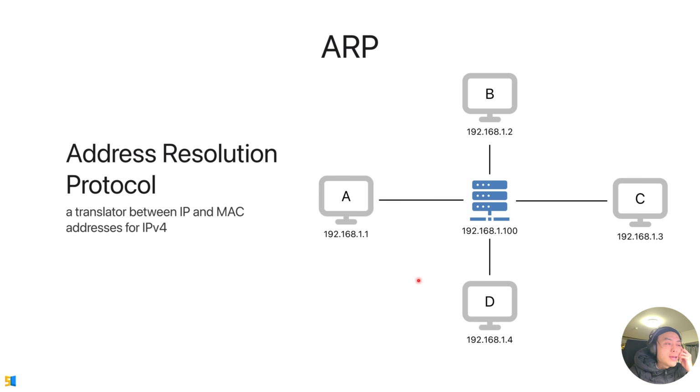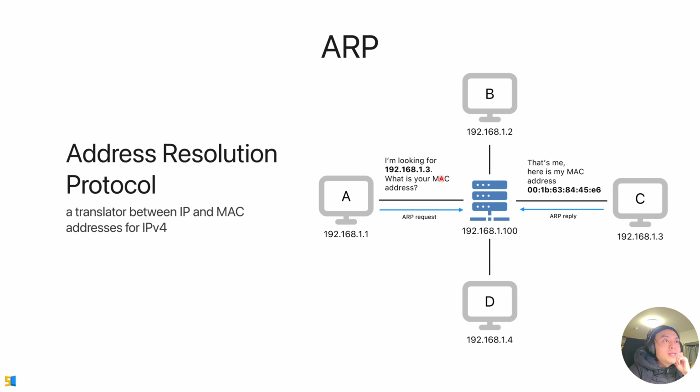Let's say A wants to send data to C. A will send an ARP request saying, I'm looking for the computer in this network that has this IP address. I know the IP address, but I don't know your MAC address. So if you are 192.168.1.3, please reply to this message with your MAC address.